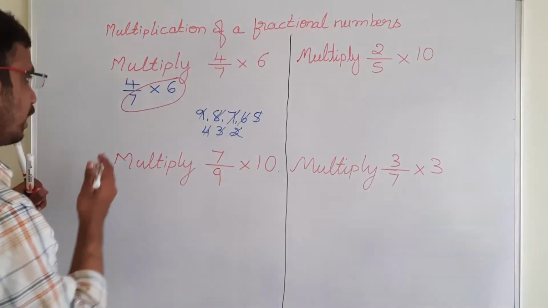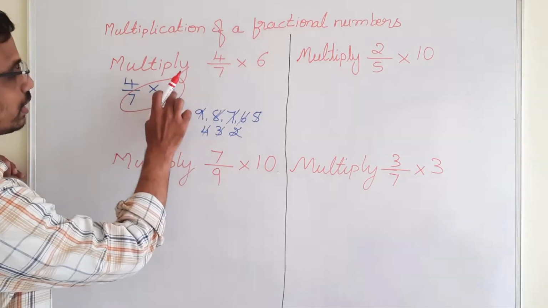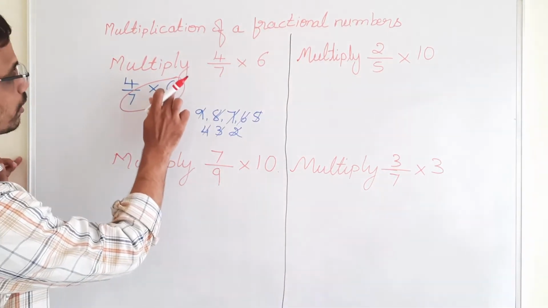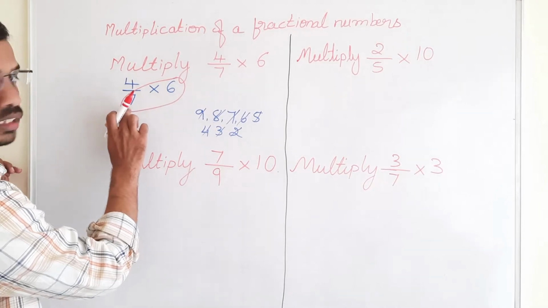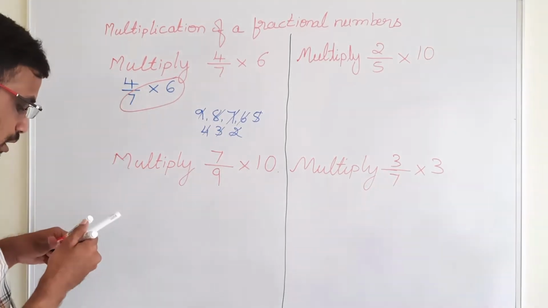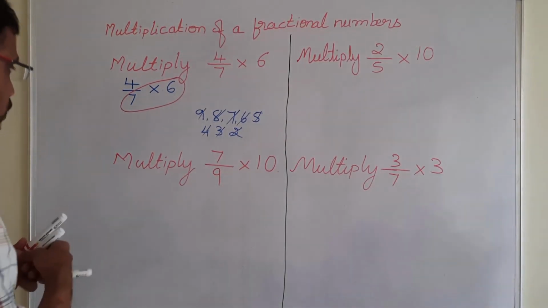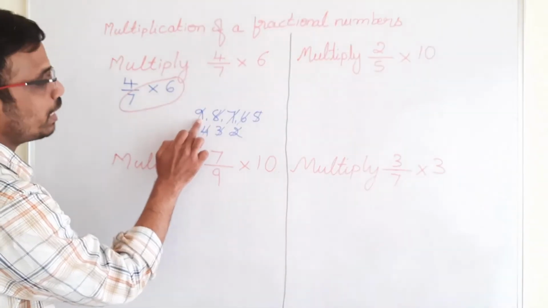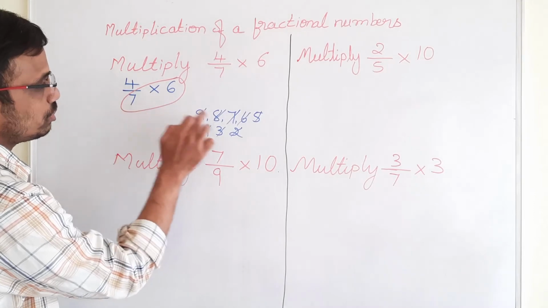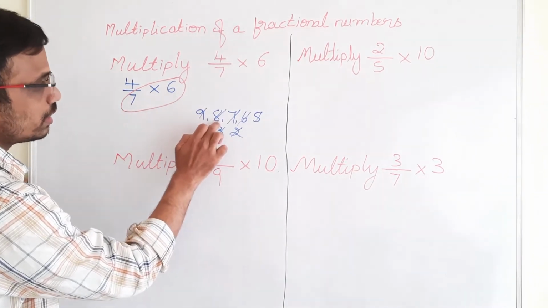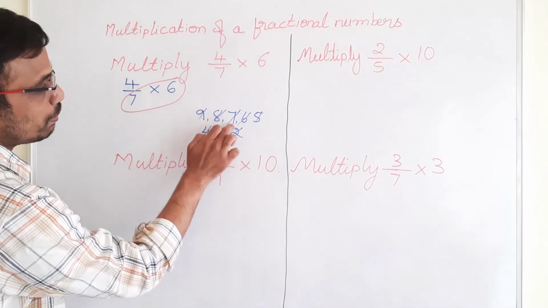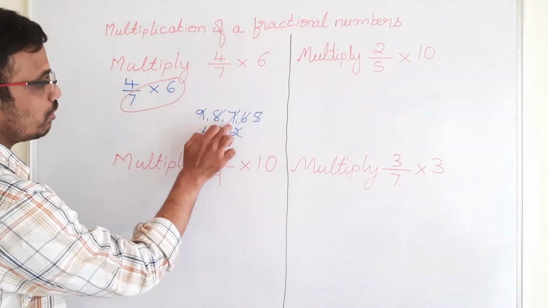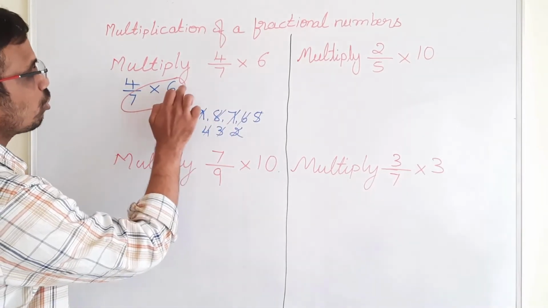So now I will check the common factors between this numerator and this denominator. Here also, 6 and 7 are not divisible by 9. 6 and 7 are not divisible by 8. 6 is not divisible by 7, but 7 is divisible by 7. Again, we don't have a common factor.